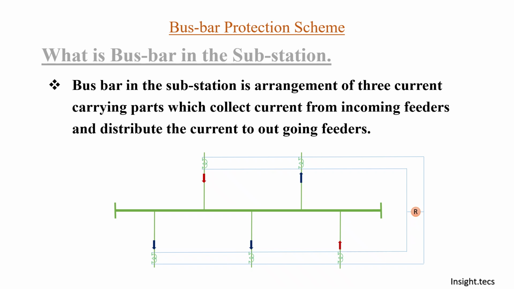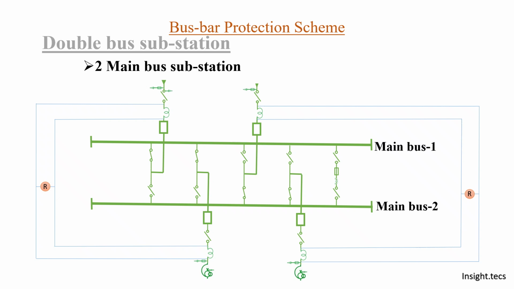So in case of single bus bar, that is how a single bus bar protection scheme will work using this kind of relay. When we are talking about 2 bus bar arrangement, when this feeder is connected to main bus 1 and this element is also connected to main bus 1, then the difference of these 2 CT will be observed by this relay which is connected in parallel between these 2 CT.